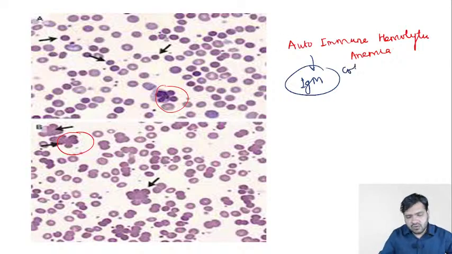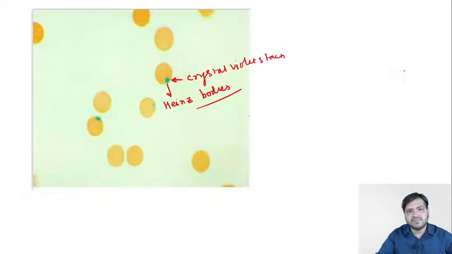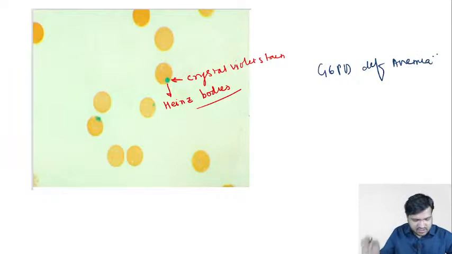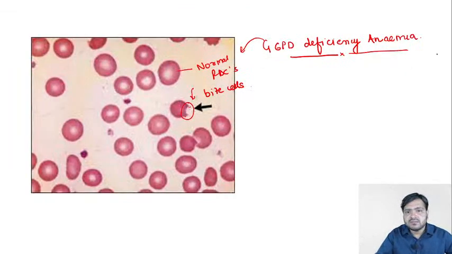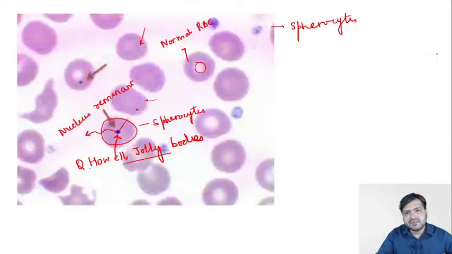Those are just clusters which you can appreciate. Crystal violet stain shows the Heinz bodies, basically seen in G6PD deficiency anemia. In G6PD deficiency anemia, bite cells will be common, and normal RBCs are there. Spherocytes I have already told you.